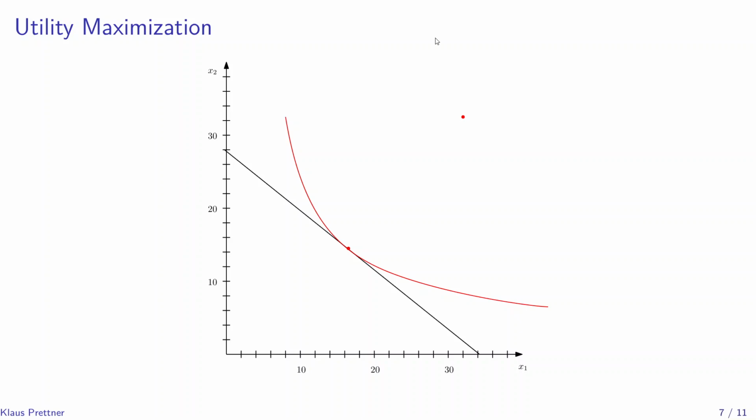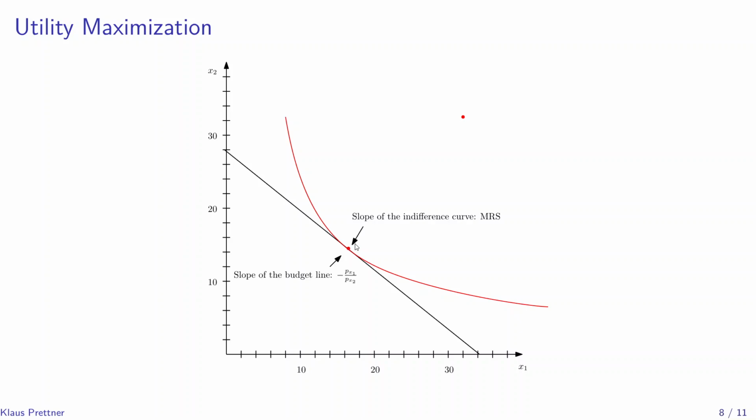And utility maximization now means that the consumer searches for exactly the consumption bundle that leads to the indifference curve that is farthest away from the origin, but still feasible. So that's the point that leads to the highest attainable utility level. And the good thing is that at this point, a few properties hold that can help us to solve for this particular consumption choice.